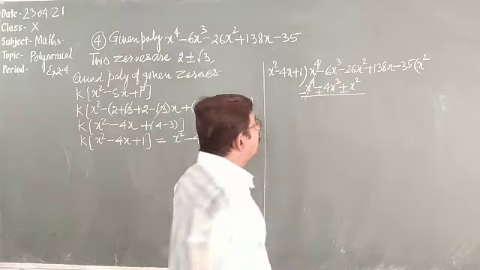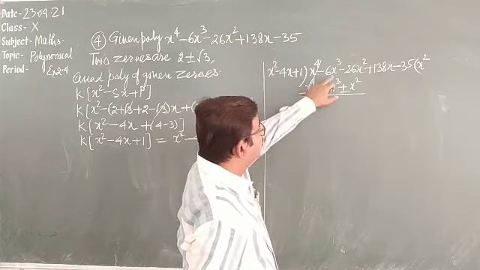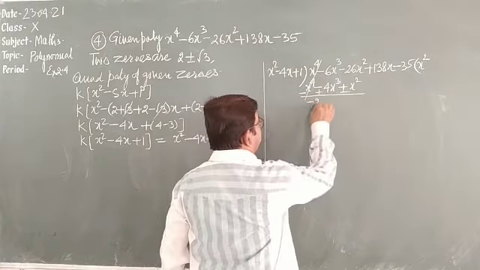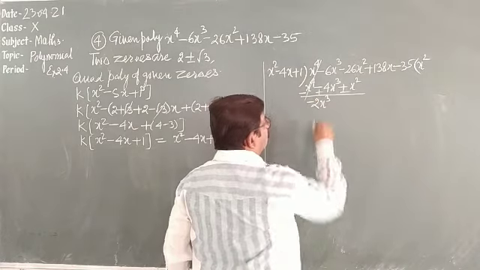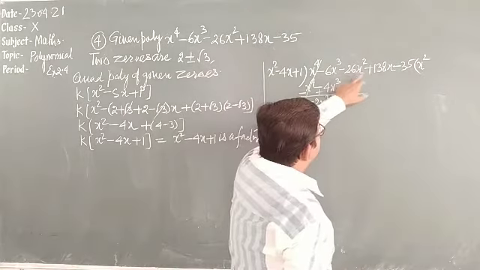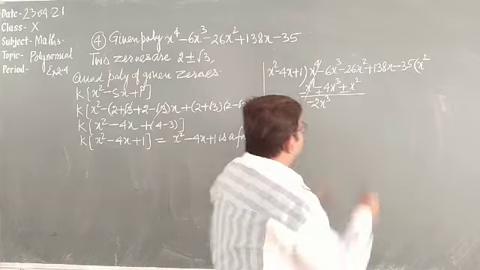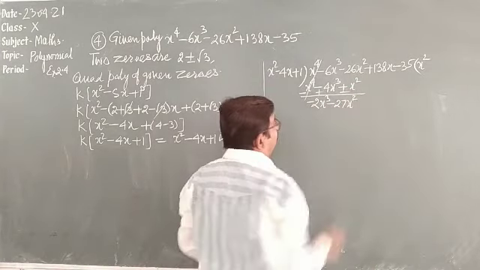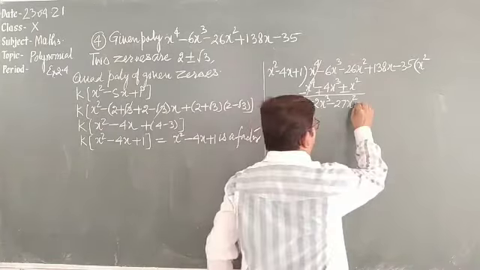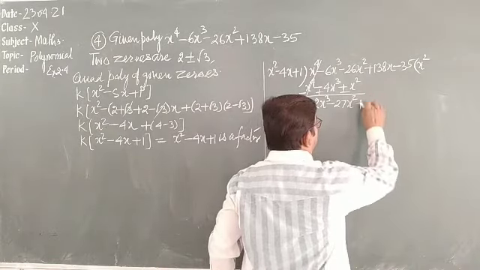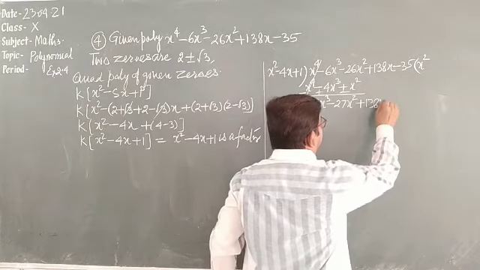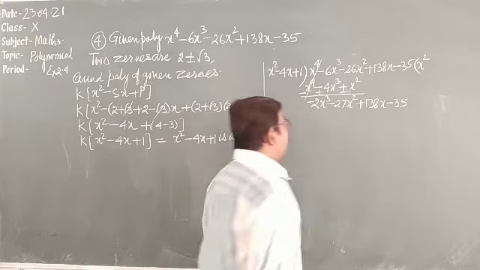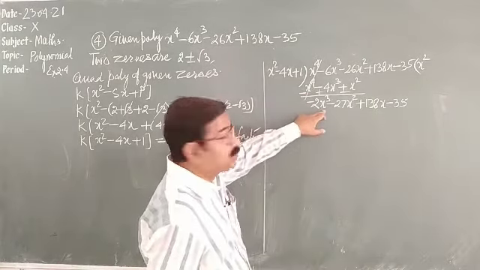This will go. What do we have? Minus 6x cube plus 4x cube, we have minus 2x cube. Here minus 26x square minus x square is minus 27x square. And note down the other terms, plus 138x minus 35.